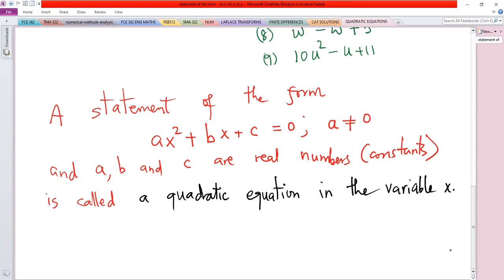So the variable may be x, y, or any other variable, but in this definition, x is the variable.